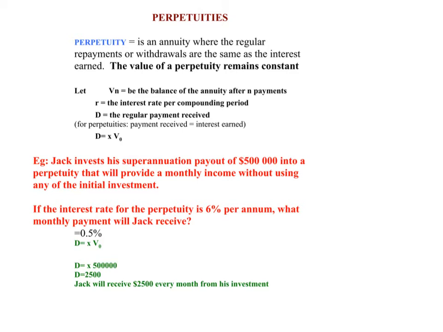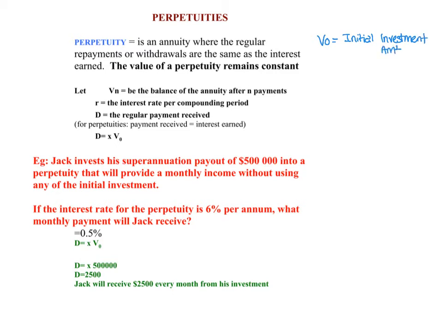So it looks like that, and let's go and write what a recurrence relation for a perpetuity would look like. It will still look like this. So you would have your V0, which would be your initial investment amount.